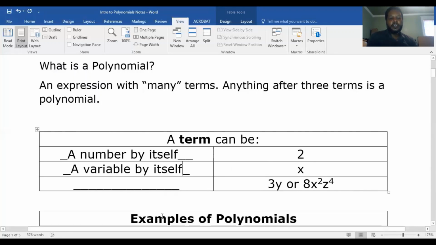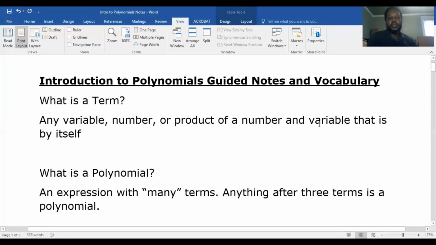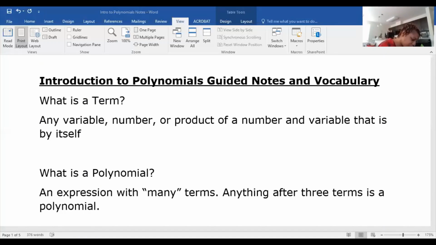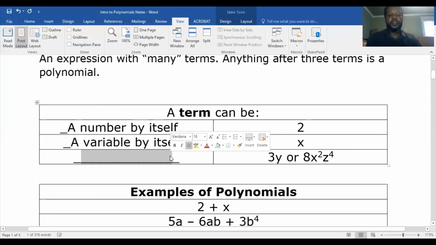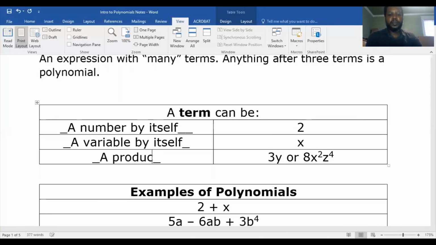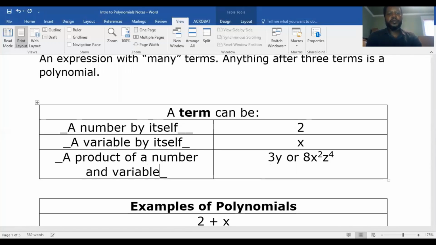In the definition that we just wrote, we called it a product of a number and variable. So a term can be a number by itself, a variable by itself, or a product of a number and variable by itself.